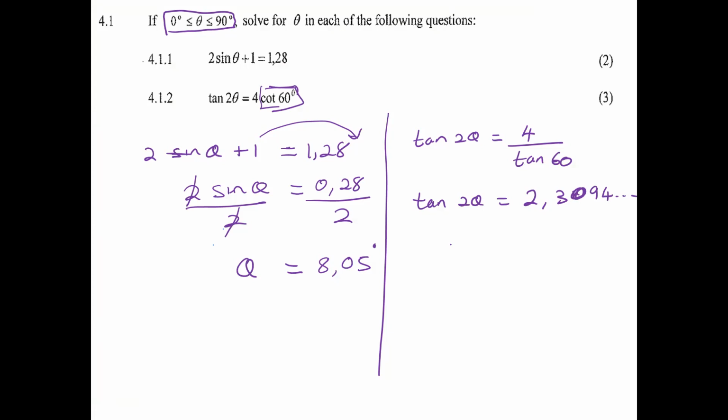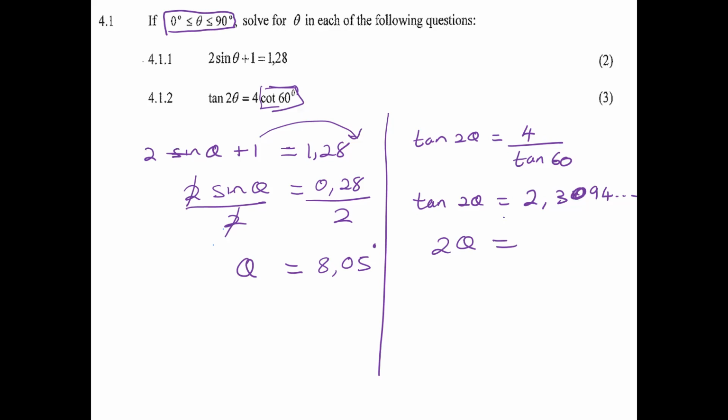So now what you can do is, to get rid of tan, we say shift tan. Shift tan, and if you press your answer button, because it's still on your calculator, or you could type in 2.3094. And then you should be getting an answer. Can someone help me with shift tan?